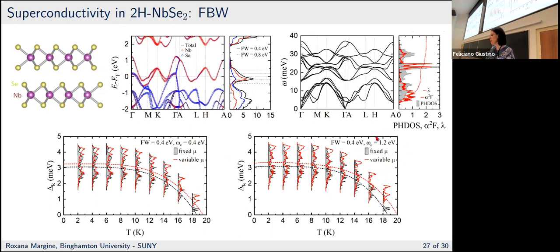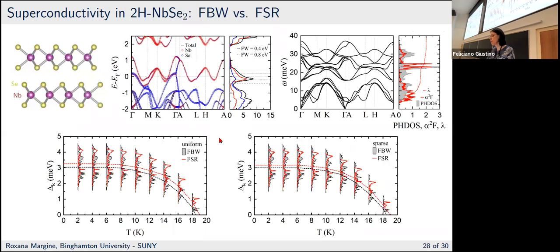Here I showed the result for 1.2 eV, but already at 0.8 this was converged, but this was still double the cutoff frequency that was required with the fixed chemical potential. And you can see there is also some slight difference in the final TC.